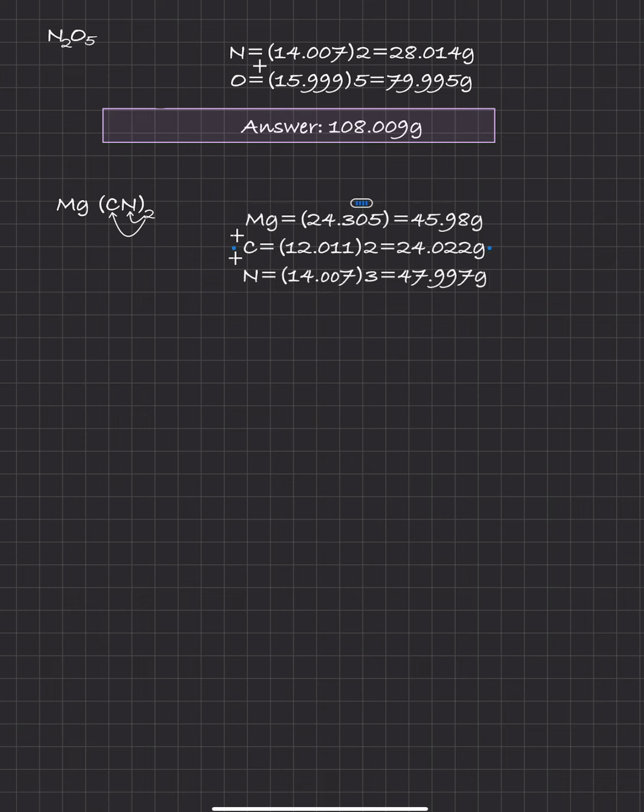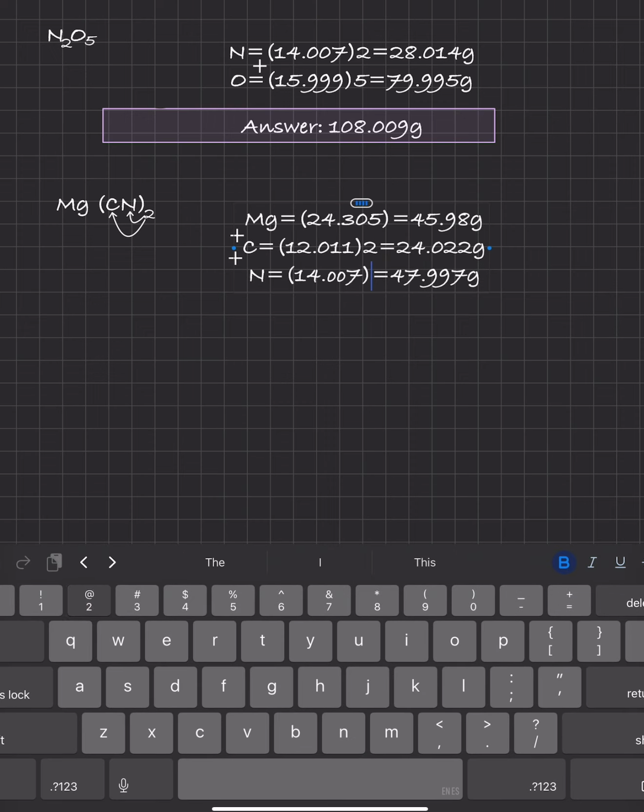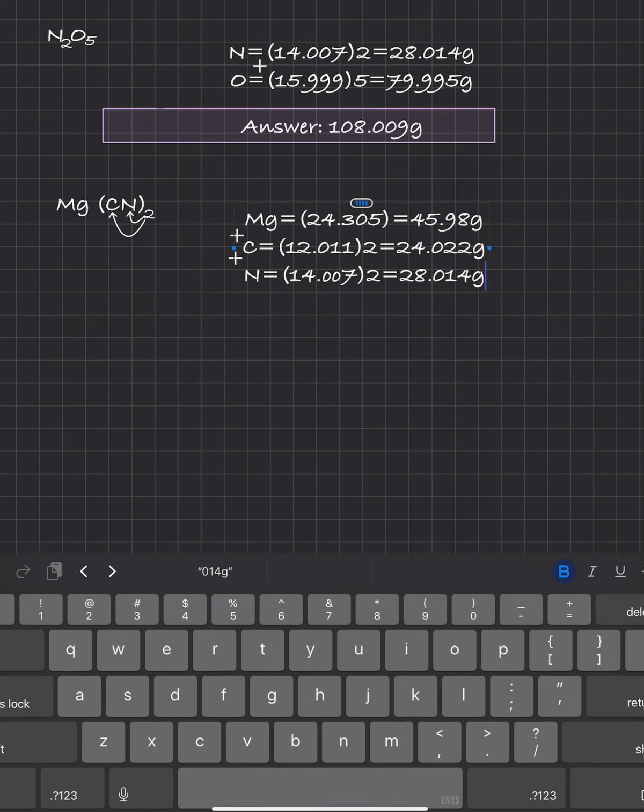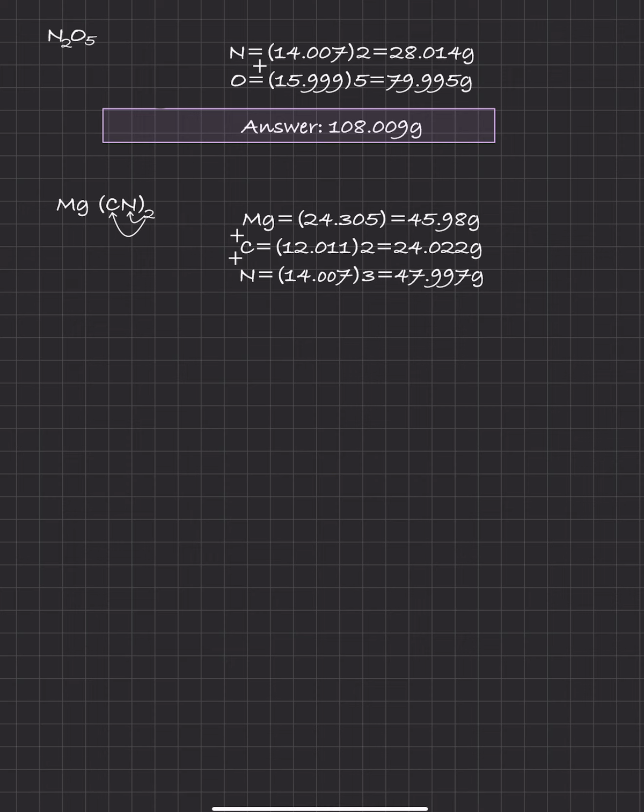Again, oops, I don't know why there's a 3 there. Let me fix that. It's going to be 14.007 times 2, and it's going to be 28.014 grams. And then my answer is going to be skewed. So let me get the answer for you in real time.